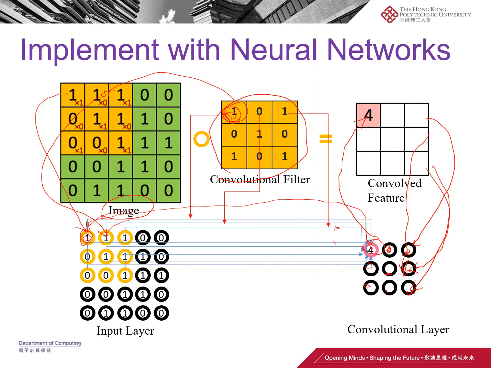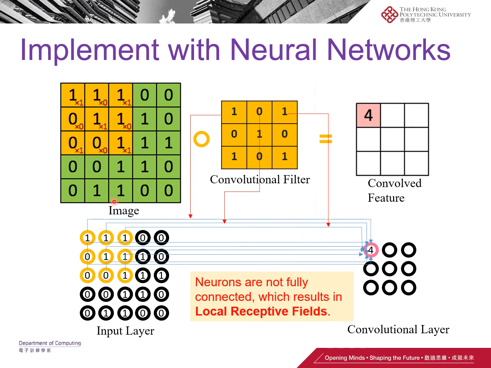We have introduced it in image processing, but it can be implemented in the neural networks as well. And it's much easier. We don't have to care about how to calculate it because naturally the neural networks will do it that way. You will see here the difference between these new convolutional neural networks and the fully connected neural networks we have introduced previously is that every neuron receives only a partial part of the result from the previous layer.